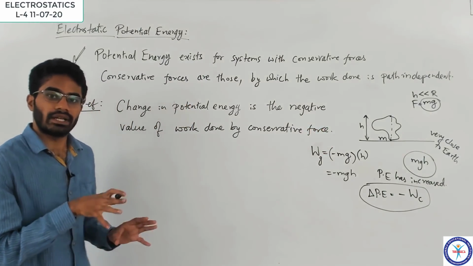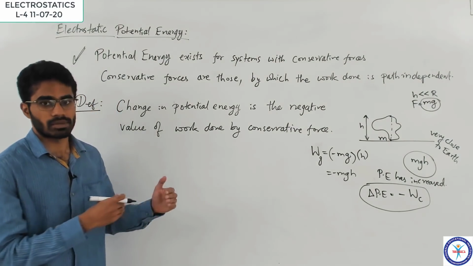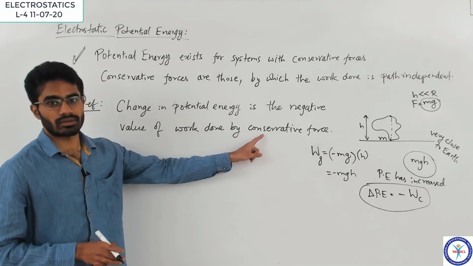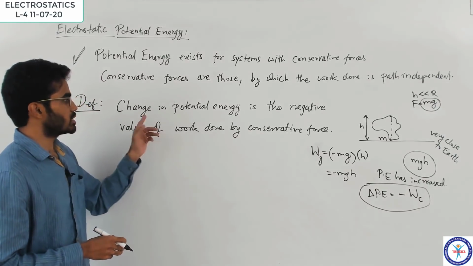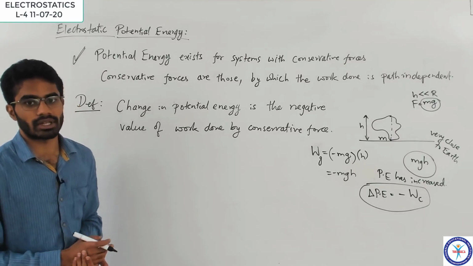So it can be only related with a conservative force, and in a system, if you make some changes, we have to calculate the work done by the conservative force and the potential energy change. The change in potential energy will be the negative value of the work done by the conservative force.